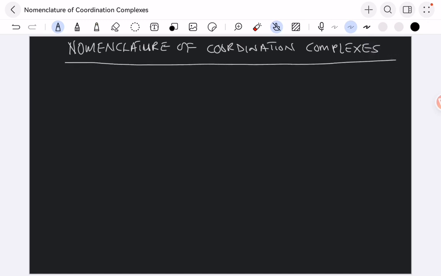So by looking at the nomenclature of coordinate complexes, what we want to do is give names to these coordination complexes.